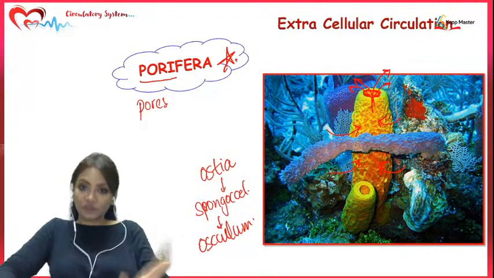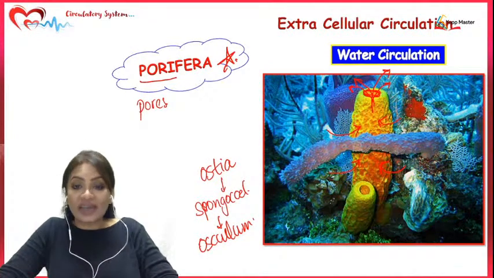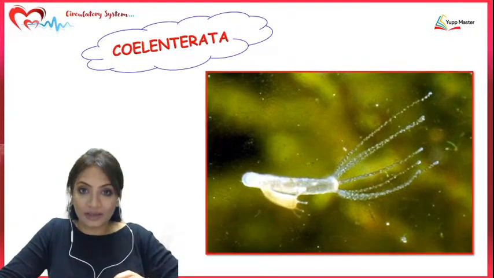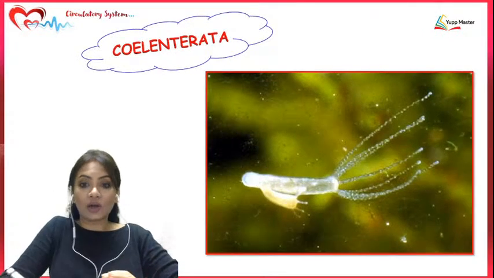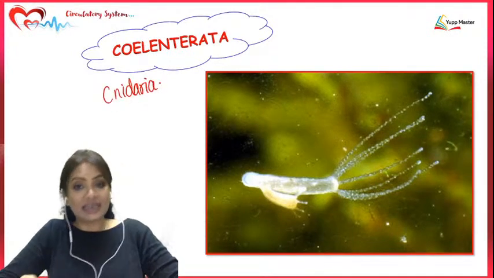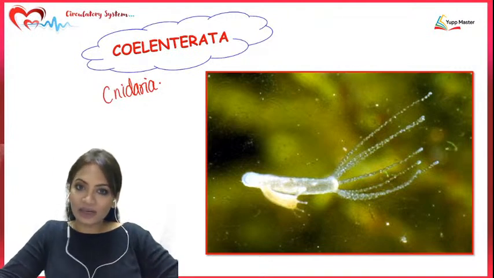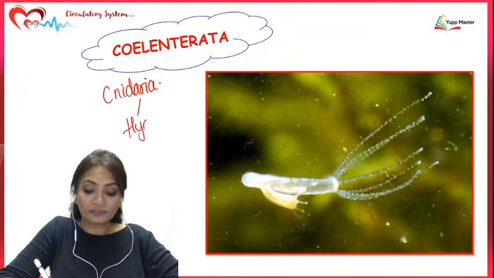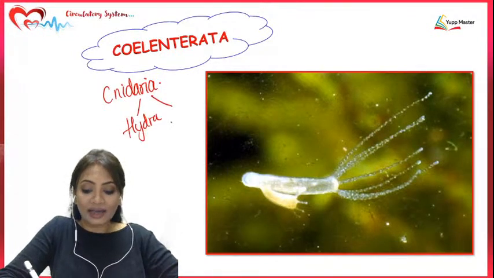Now, after Porifera comes the next phylum, which is called Coelenterata. Coelenterata can also be called phylum Cnidaria. In Cnidaria, which are the animals that we speak about? Coelenterata means animals like hydra, or animals like the jellyfish.